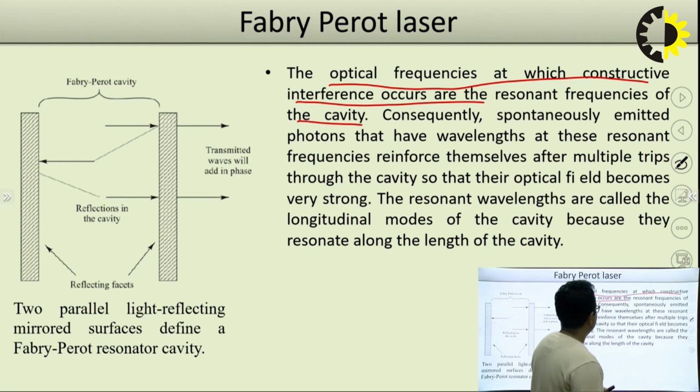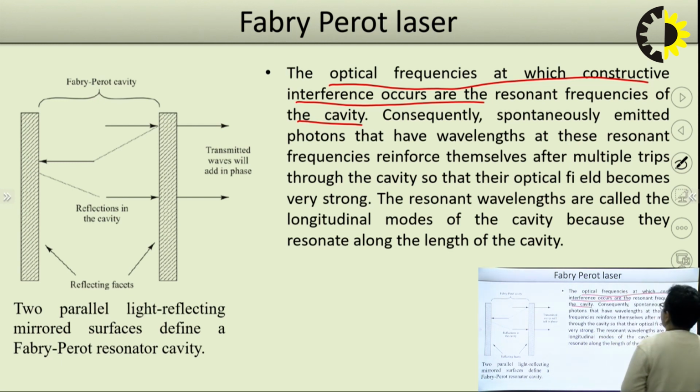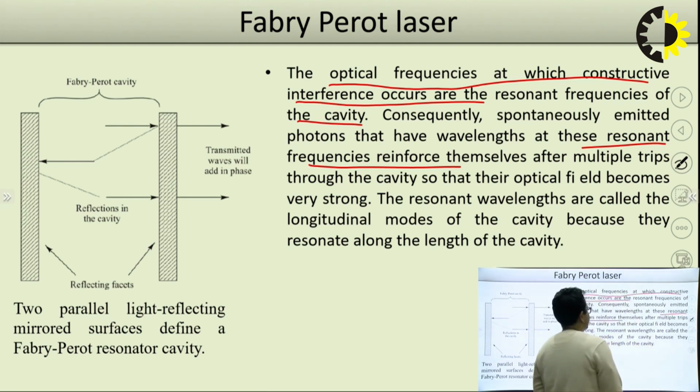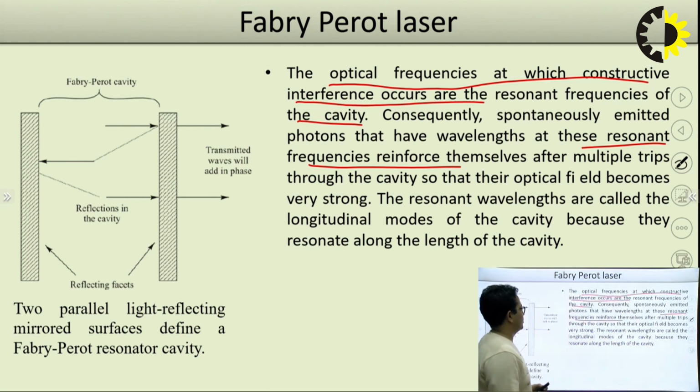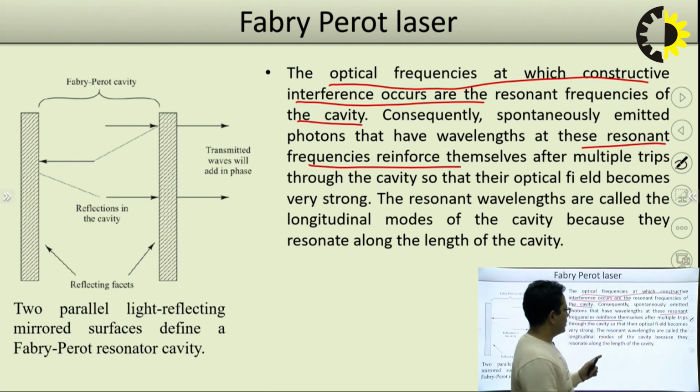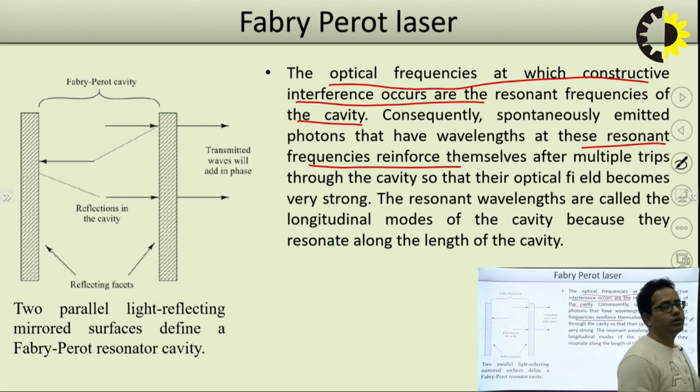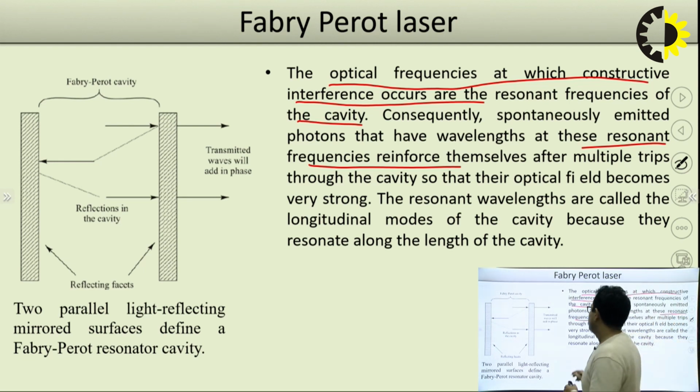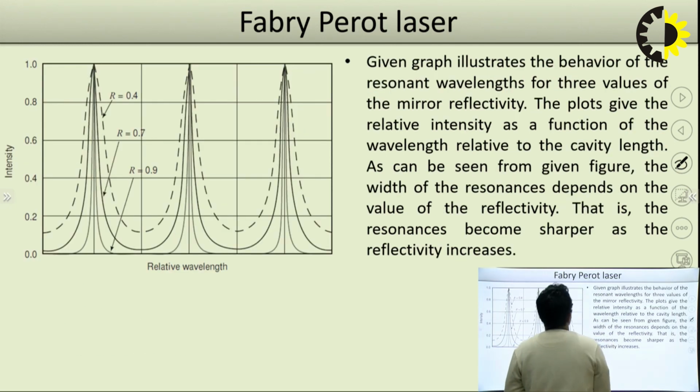As a result, spontaneously emitted photons that have wavelengths at these resonant frequencies will reinforce themselves after multiple trips through the cavity, so that their optical fields become very strong. The resonant wavelengths are called the longitudinal modes of the cavity, because they resonate along the length of the cavity. This is the basic principle of the Fabry-Perot.